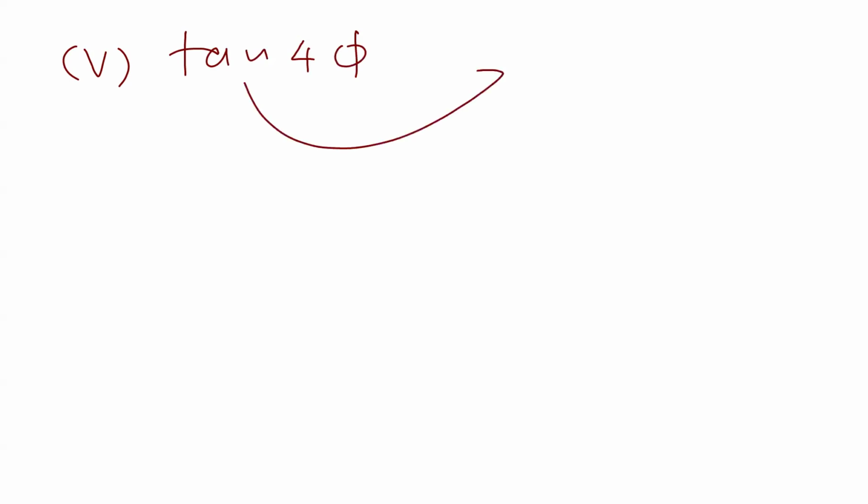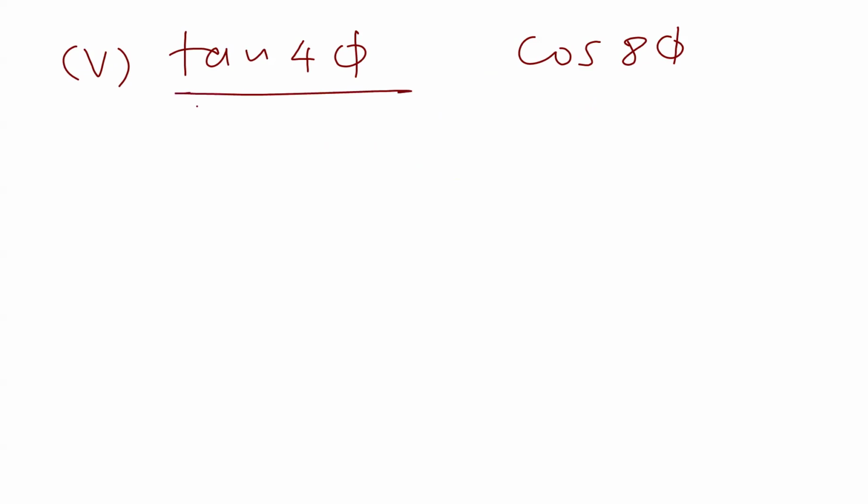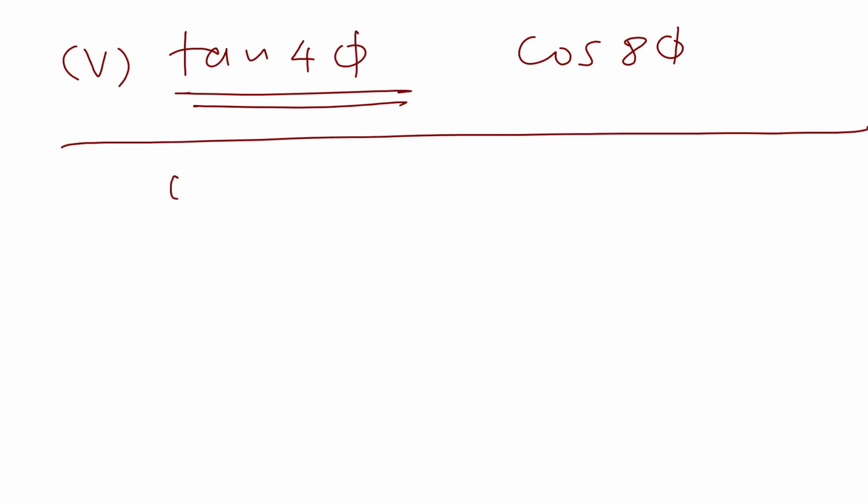Next problem. Let us go to question number 5. Tan 4 phi. We have to express this in terms of cos 8 phi. Okay. So now here we are doubling the angle. We are not dividing 4 phi by 2. We are multiplying 4 phi by 2. So this 4 phi should be on the right hand side of a particular formula. So the choice of the formula is very important over here. Cos 2 theta is equal to 1 minus tan square theta upon 1 plus tan square theta.